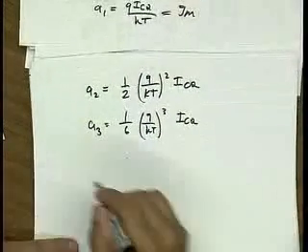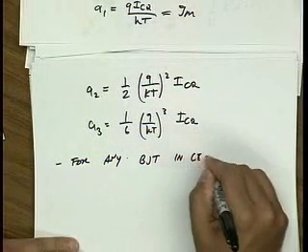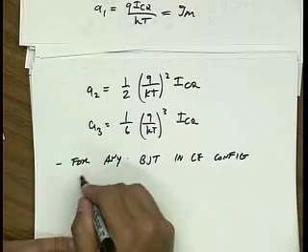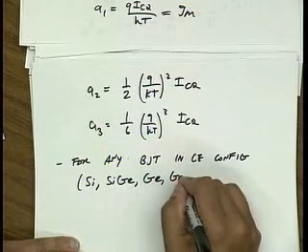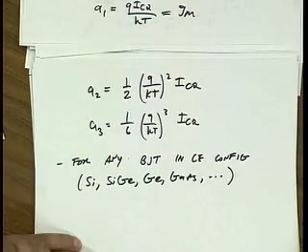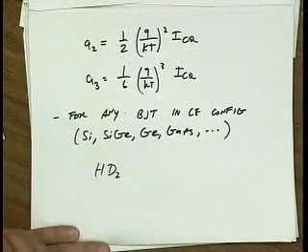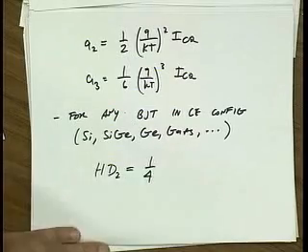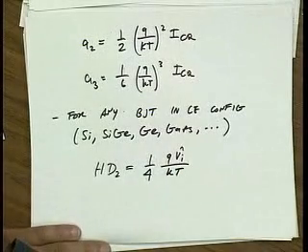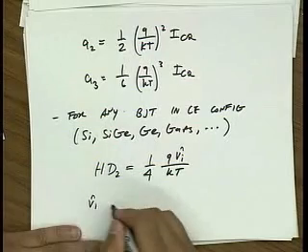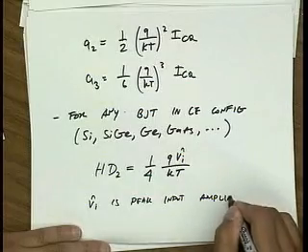Well, this is a pretty powerful result. What we've shown is that for any BJT in common emitter configuration, and this could be a silicon BJT, a silicon germanium BJT, a germanium BJT, a gallium arsenide BJT, because all BJTs have this universal exponential characteristic, for all of these circuits we found that HD2 that's generated is 1/4 times the input amplitude normalized to KT over Q. Okay, so V input is the peak input amplitude.